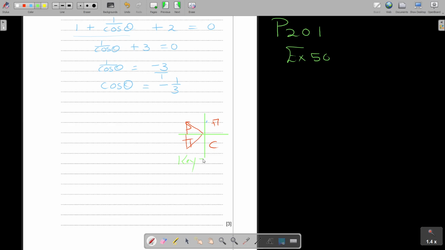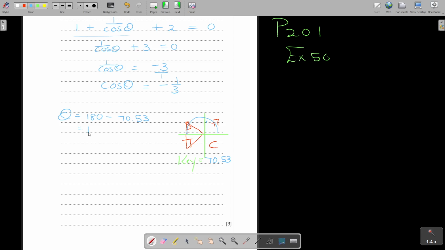And you can make it just 2 decimal places, because the final answer must be to 1 decimal place. So make it 70.53, then your final answer will be correct. Okay, so I can start by saying theta is 180 minus 70.53.